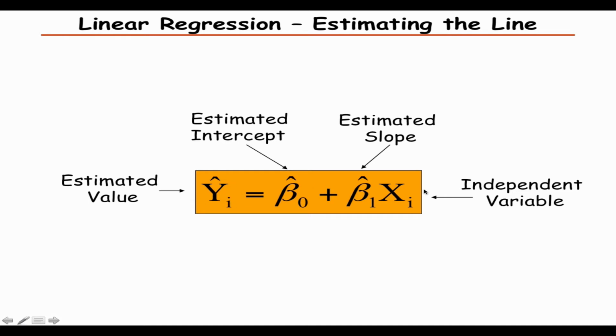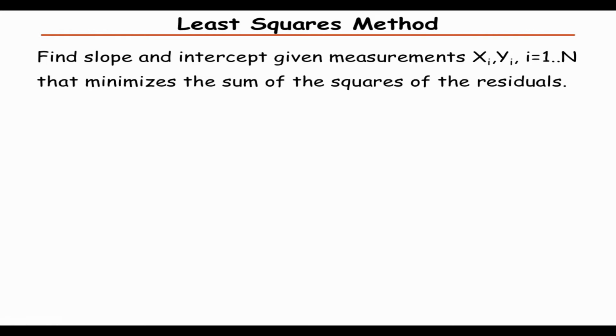So this will represent our actual line. And given these, we now have a few measurements, 1 through n, or pairs of x and y, and we want to find the slope and the intercept given these measurements.